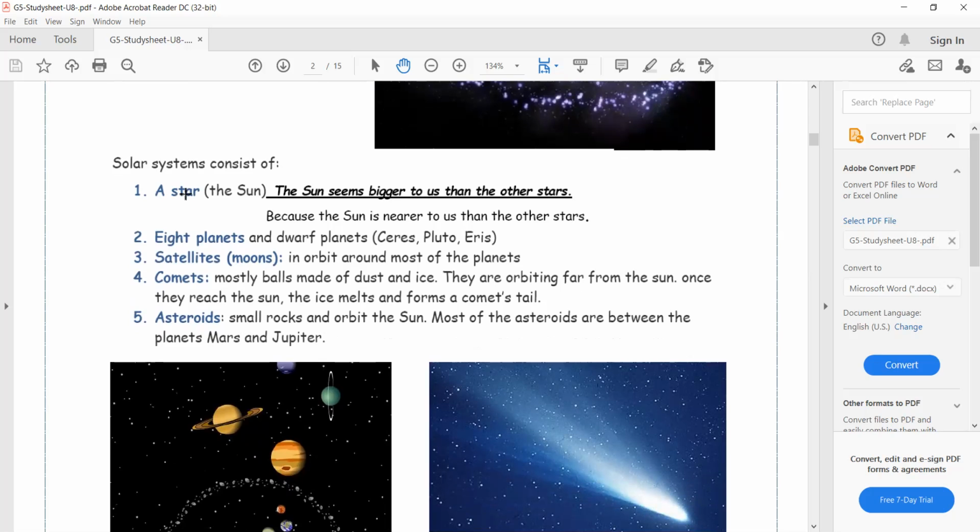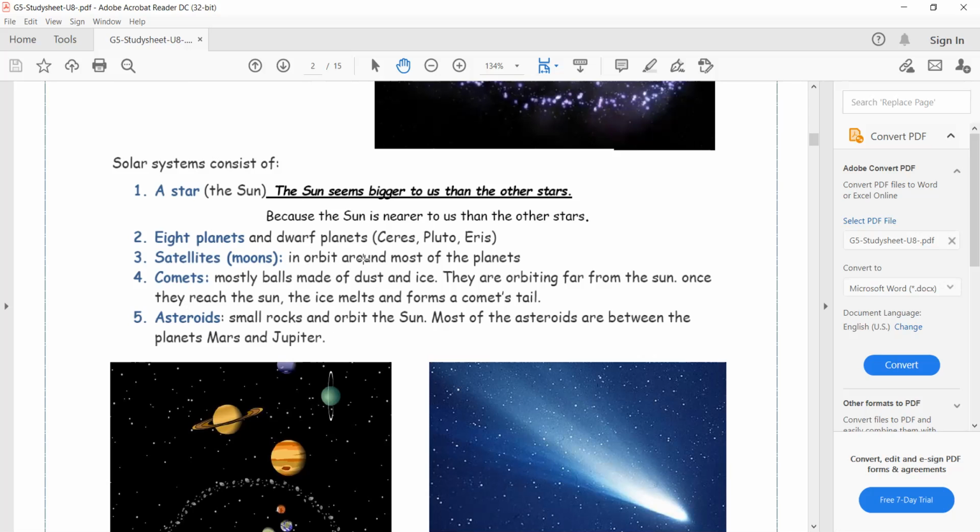It's the biggest body in the solar system, and there are 8 planets that orbit the sun, or revolve around the sun, and moons are followers of the planets. So the planet revolves around the star, and the moon revolves around the planet.